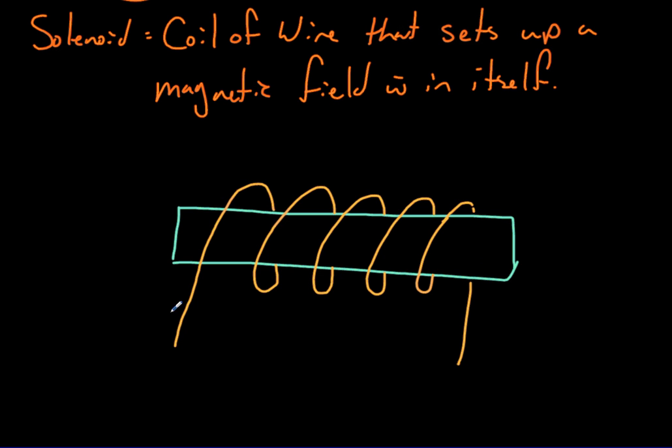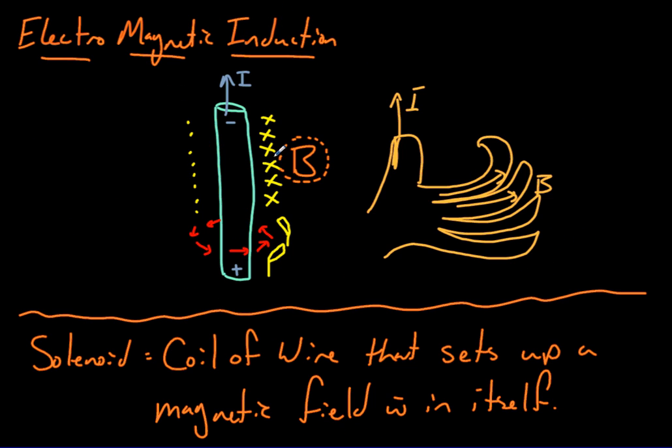There. Now we'll make this positive and this negative, so we've hooked this up to a battery, and we've got a flow through here. So our current, in this case, is flowing, if you want, upwards. Now let's think about what would happen if we were to look at the way this current is flowing, and go back up to what happens in a single wire.